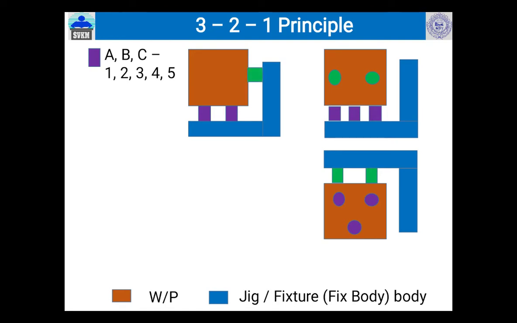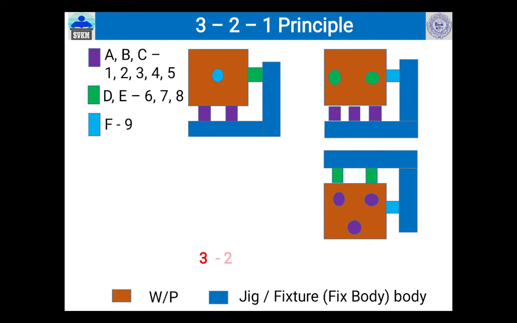Now by adding 2 more pins, we can restrict a further 3 motions, that is D, E. After adding, you can restrict 6, 7, and 8, which is nothing but Z clockwise, Z anti-clockwise, and Y. Now by adding one more pin, that is F, we can restrict one more direction, that is Y backward.